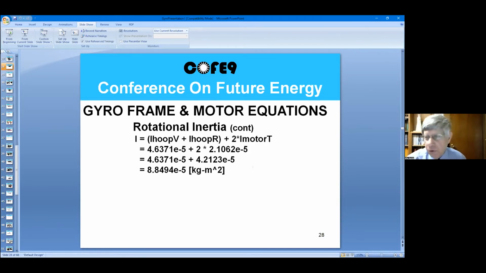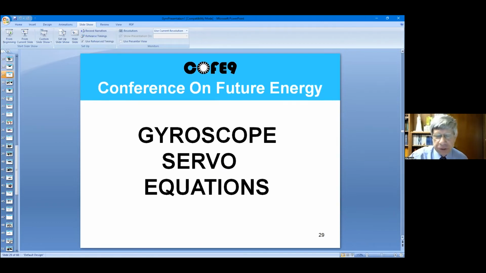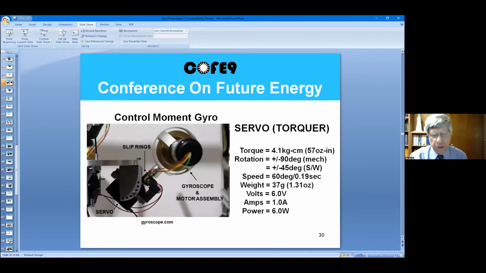And we have one more, which is the servo. A lot of inertia numbers when you're playing with inertia systems. So this next one here, you have a servo that rotates it, and it generates 57 ounce-inches of torque. Now, mechanically, it will rotate plus or minus 90 degrees.